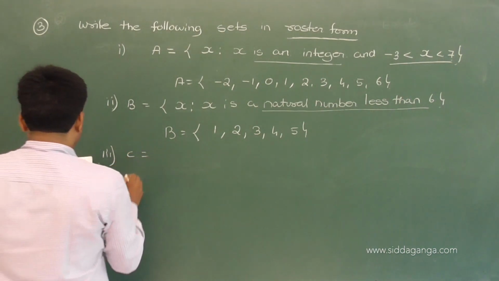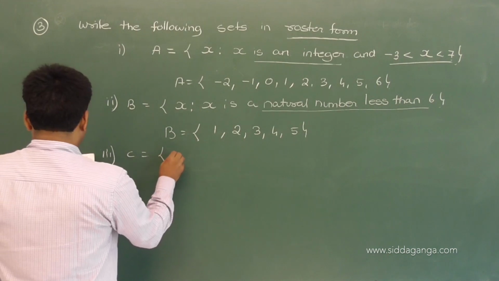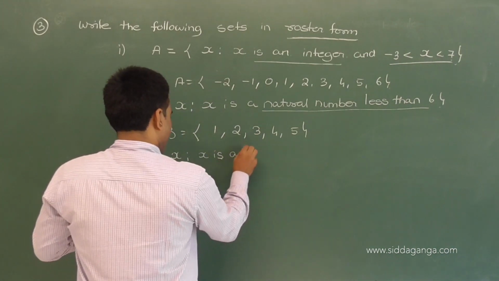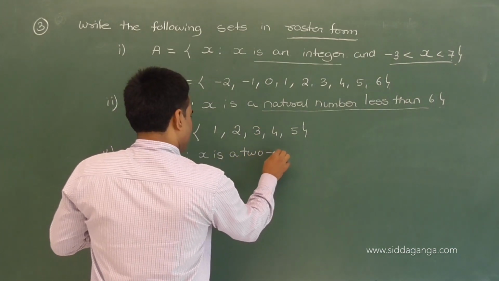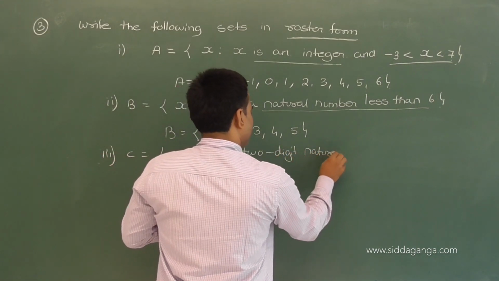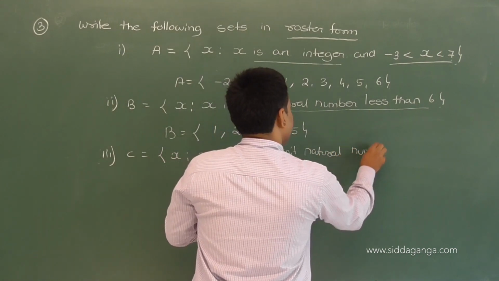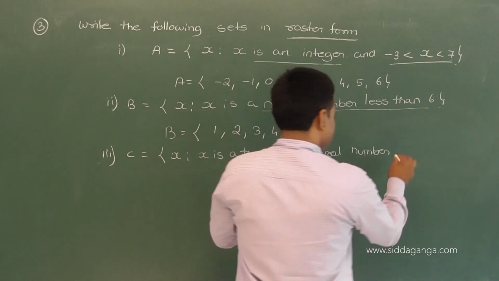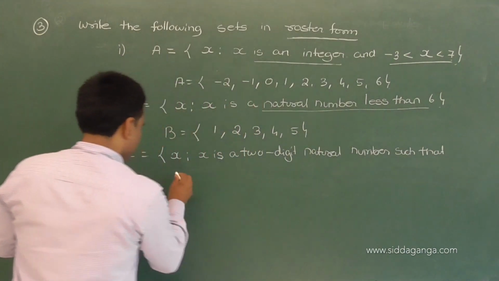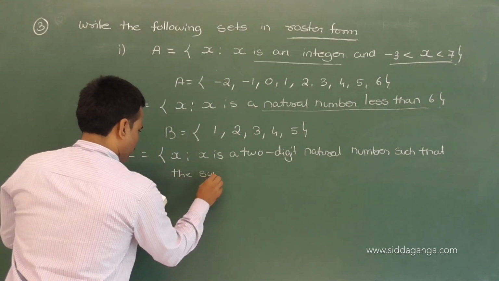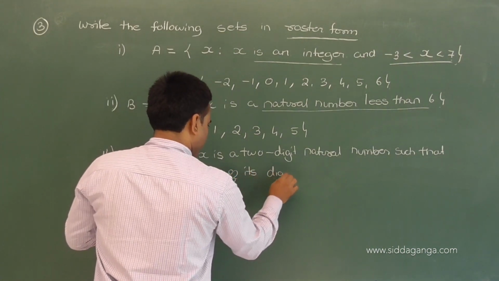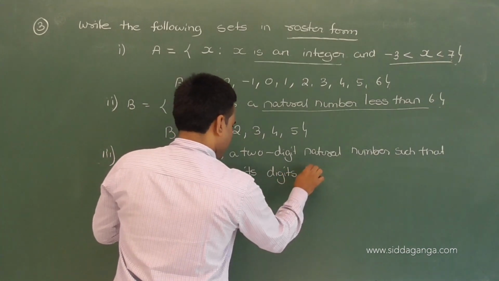Third problem. C: x such that x is a 2-digit natural number such that the sum of its digits is 8.